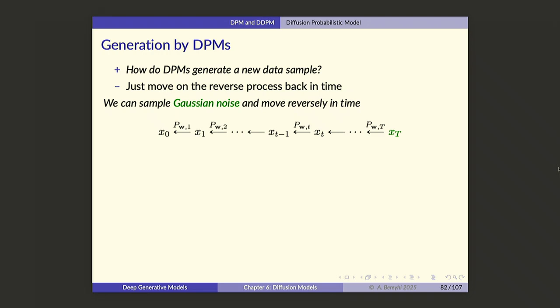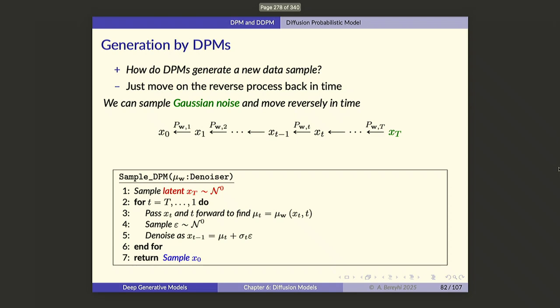You're going to start with one Gaussian noise. This is the one which is at the very end of the forward trajectory, and you move reverse. Each time you pass your sample on time through the network, you're going to get the mean value. You add some backward noise to it, and you go on. Everybody's clear?